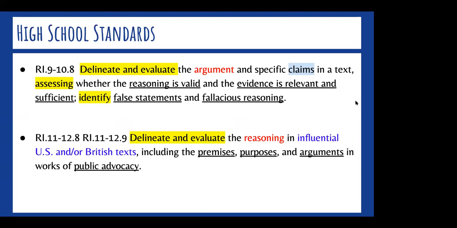In ninth and 10th grade, they are making sure that their reasoning is valid. They're talking about validity and looking at relevant evidence. And here we even start getting into identifying false statements and fallacious reasoning. So we start talking about fallacies in ninth and 10th grade.